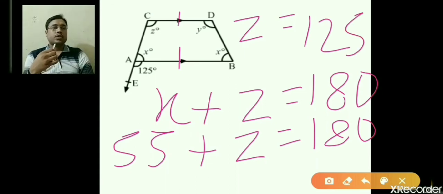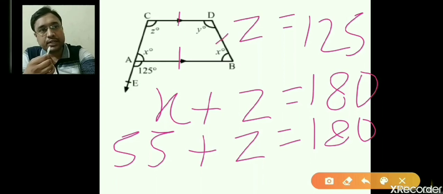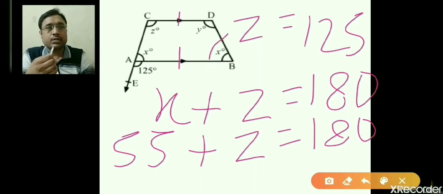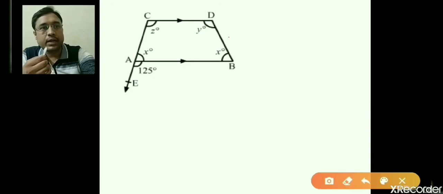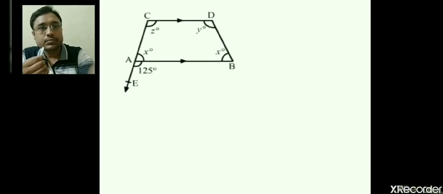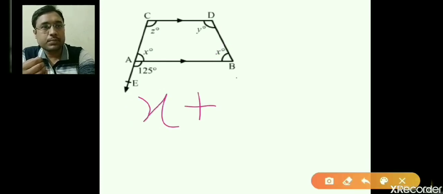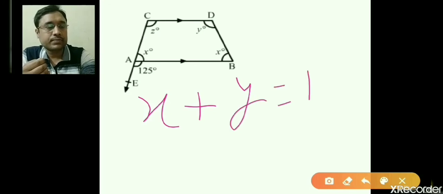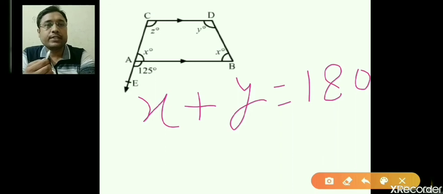Now here also you will use the same method. You can see that this angle is also x. So x plus y is also 180, and the value of x is 55, just as you have got.